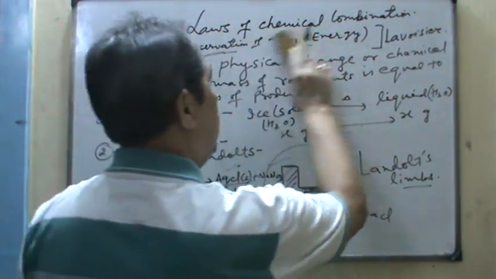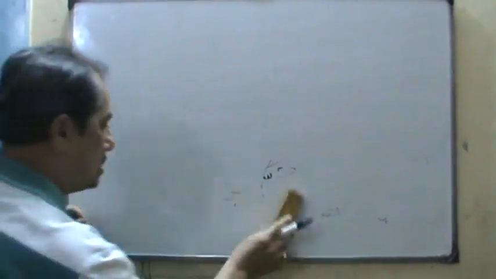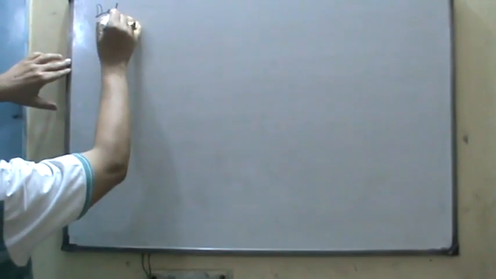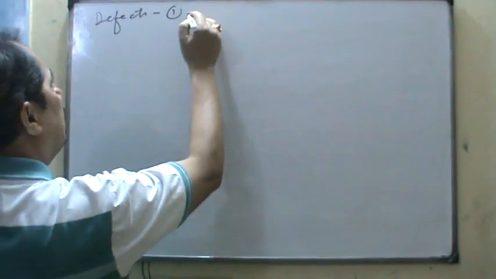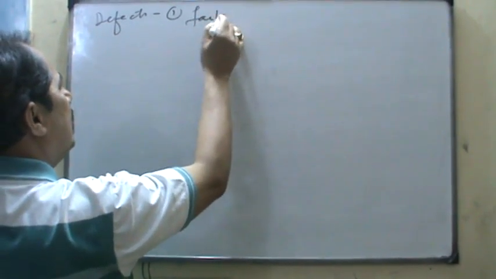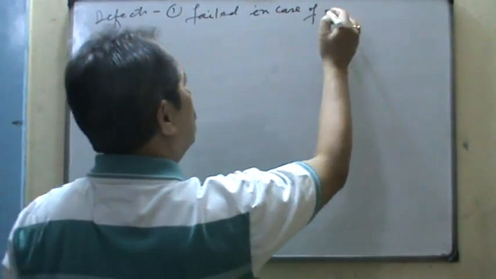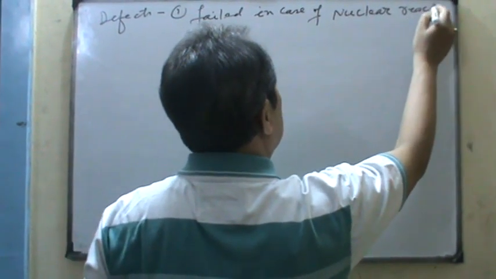But tell me, anybody, do you see any drawbacks of this law? Yes, dear students, this law is successful only in chemical reactions but not in nuclear reactions. These are the defects of this law. The first defect is that it fails in the case of nuclear reactions.